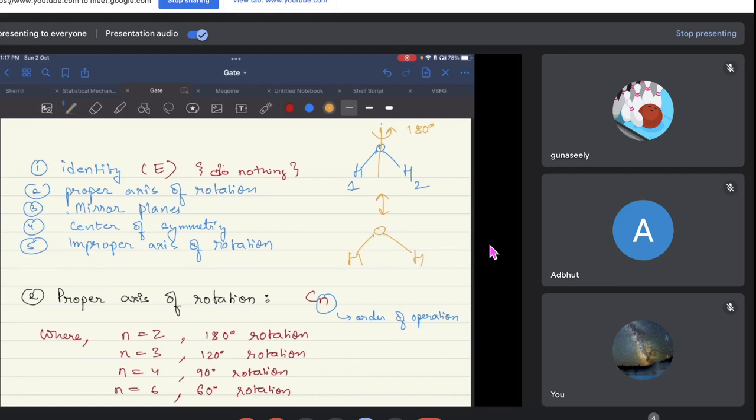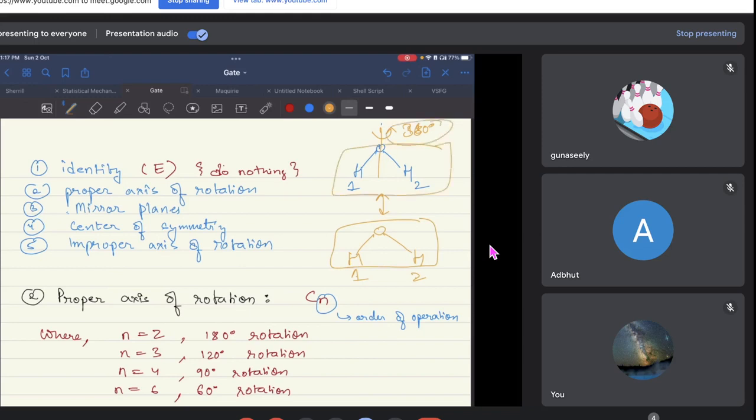But if I'm doing 360 degrees, then this will again be 1 and 2, correct? Because if I'm doing 180, then this will be 2 and this will be 1. So after 360, this is the same as the first configuration.